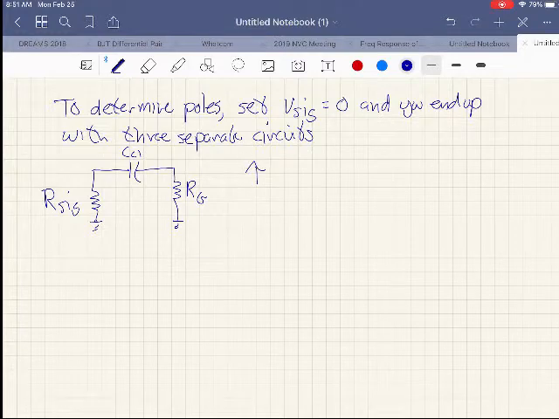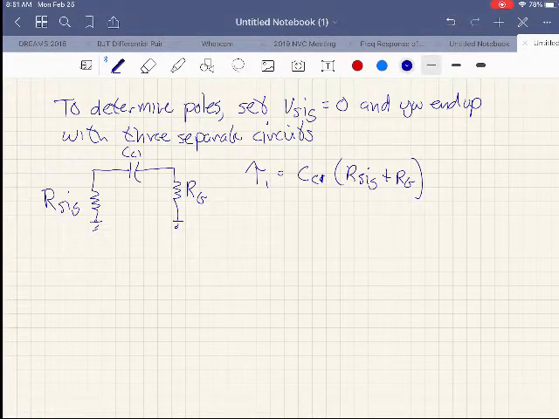The time constant, tau 1, for the part of the circuit that involves CC1 is equal to CC1, the value of the capacitor, times the source resistance plus RG. That's for CC1.